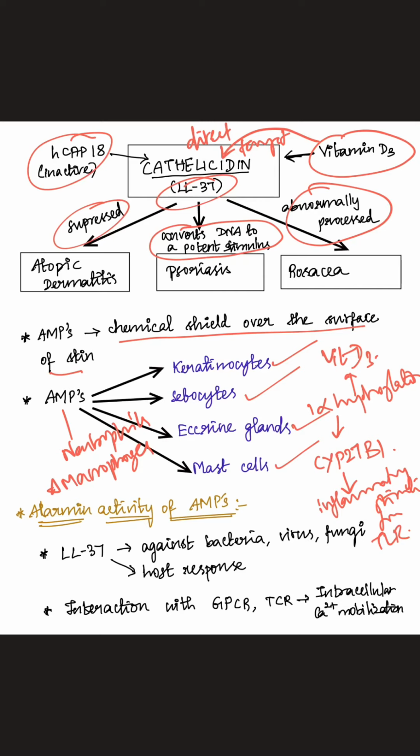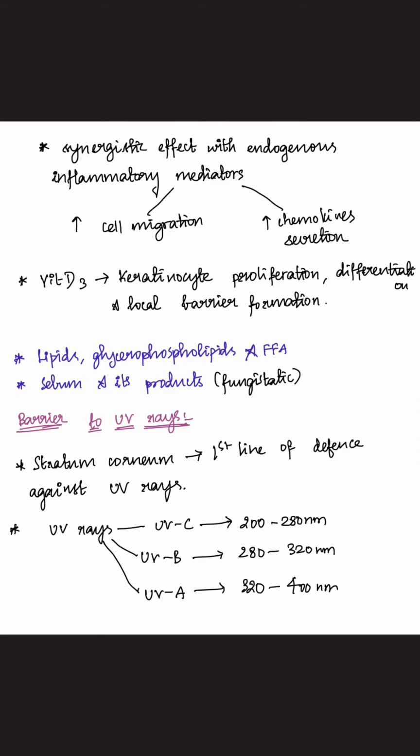The antimicrobial peptides, as we know, are active against bacteria, virus and fungi, and at the same time they induce a host response, which occurs by direct interaction with cell surface receptors like G protein coupled receptor and toll-like cell receptor, which causes intracellular mobilization, and also they have a synergistic effect with endogenous inflammatory mediators, which leads to an increase in cell migration and an increase in chemokine secretion. All these actions together are called the alarmin activity of antimicrobial peptides.